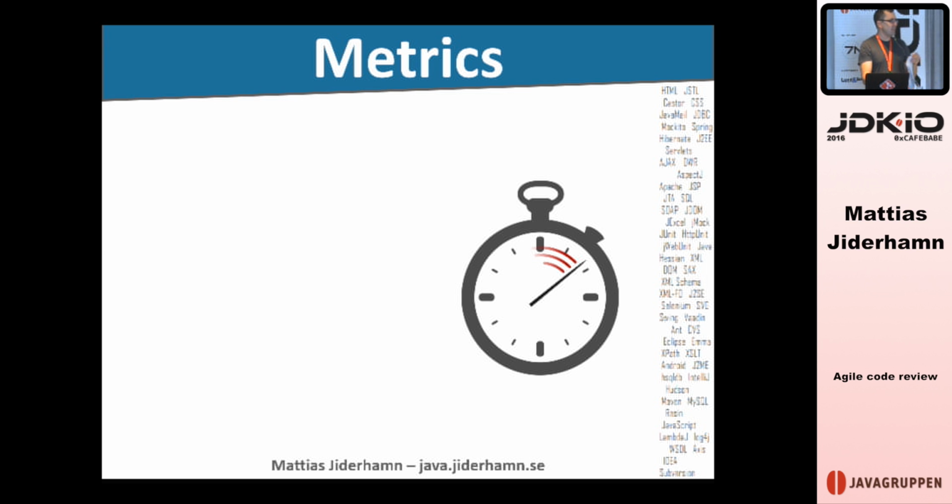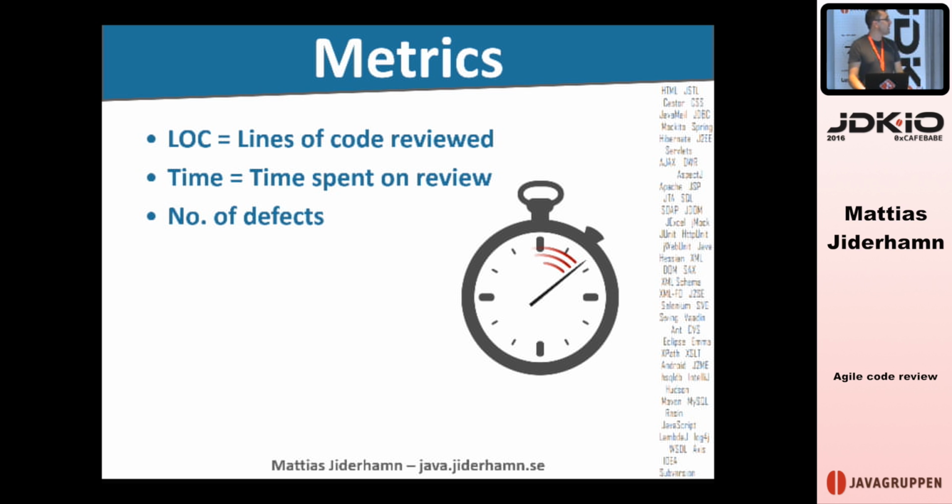So some metrics if you're doing code reviews, and I'm personally not very interested in metrics, but some people are, and there are a couple of them that can be used for the code review process. So we have some basic numbers, which are lines of code under review, the time that has been spent reviewing, and the number of defects found.